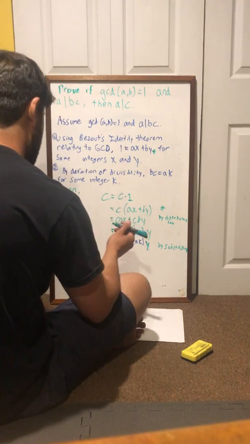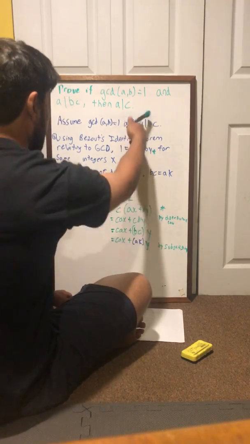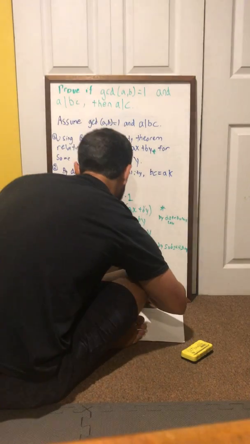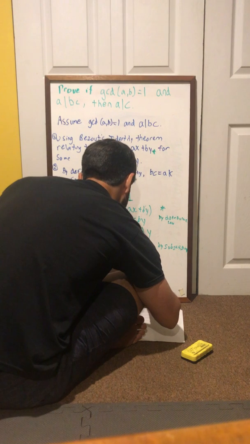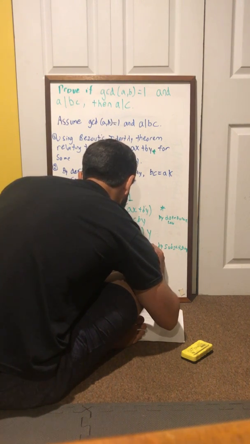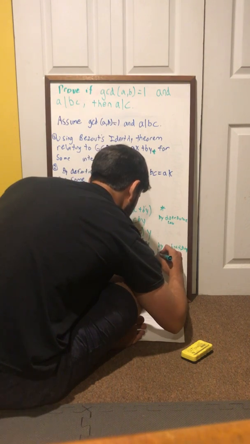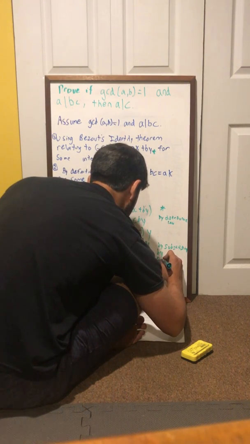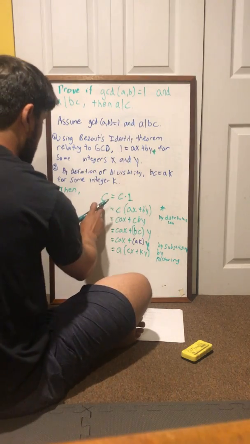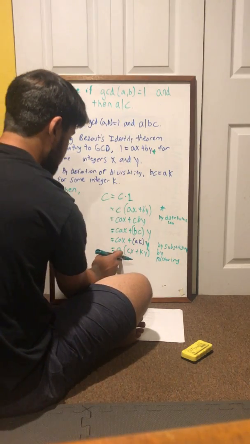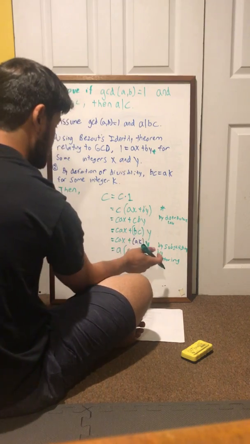That's okay. So now by factoring out an A, we're going to get A times CX plus KY by factoring. And exactly like what we're looking for here, it's C equals A times an integer.